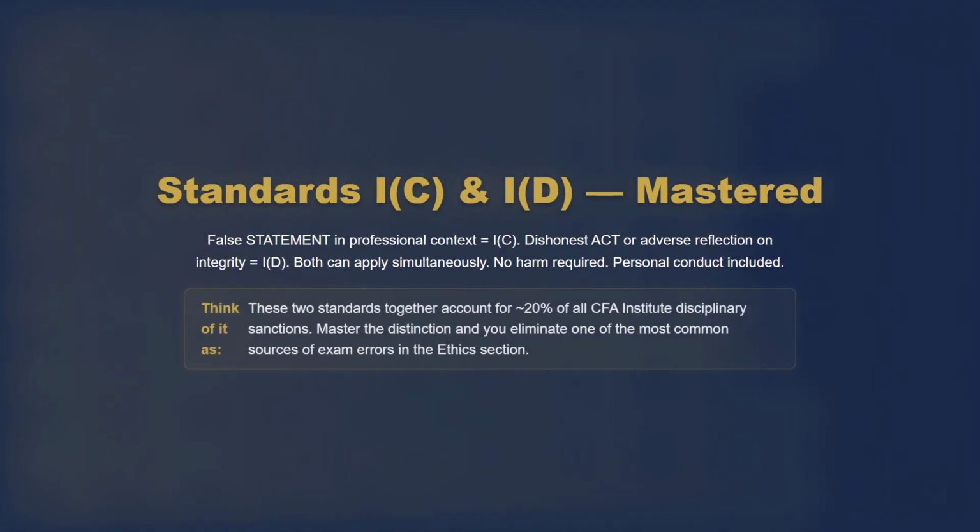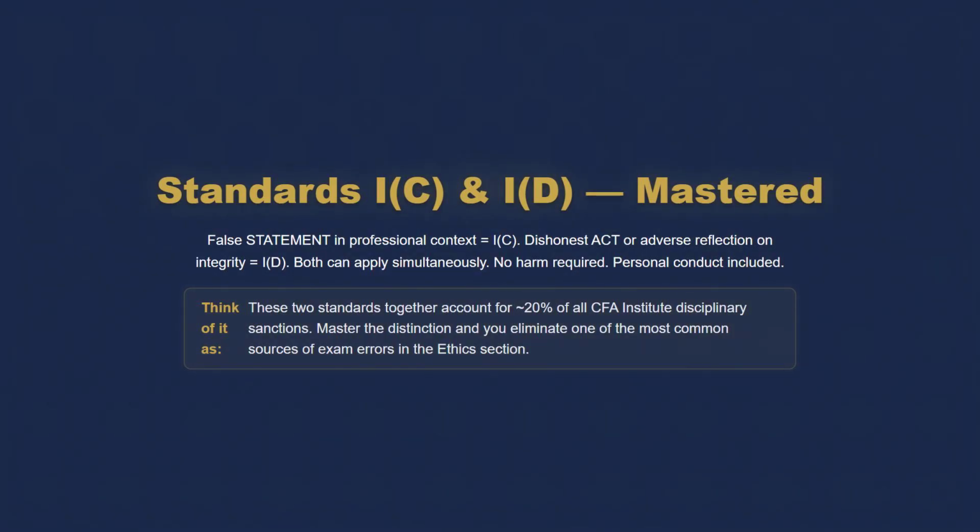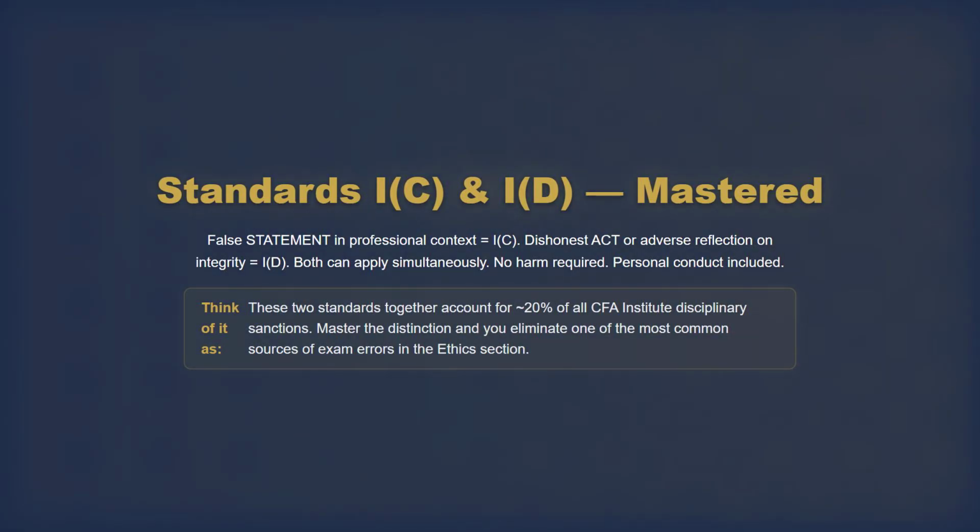Standard I(C) and I(D) appear in roughly 20% of all CFA Institute disciplinary cases that result in sanctions. That is not a coincidence. These standards are violated because professionals misunderstand exactly where the line is. You now have that line. False statement in professional context, that is I(C).